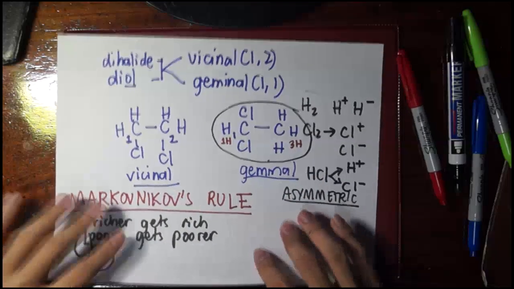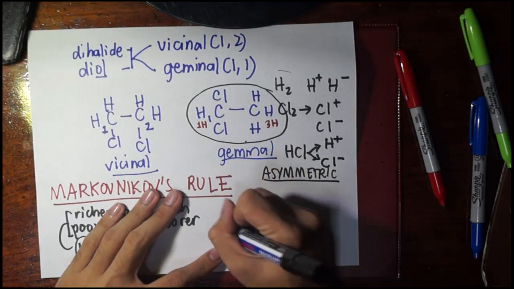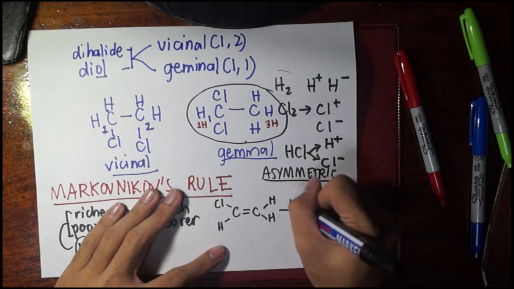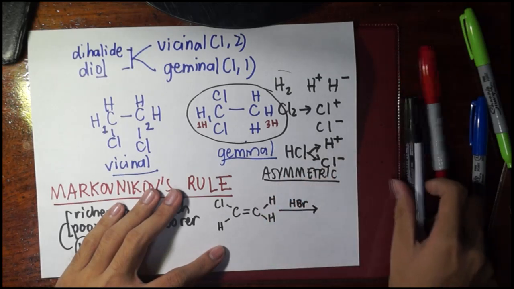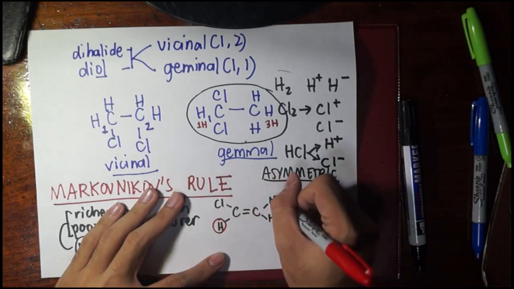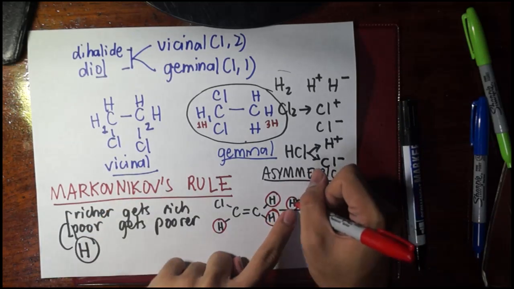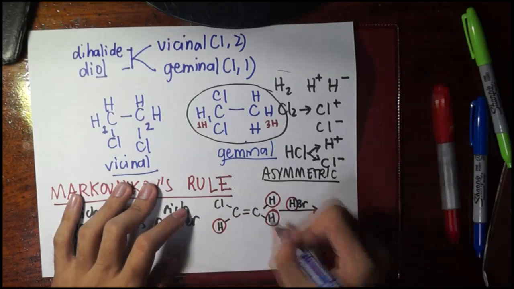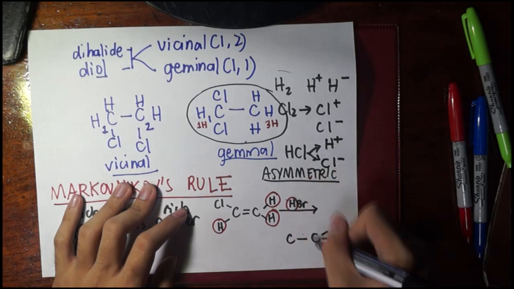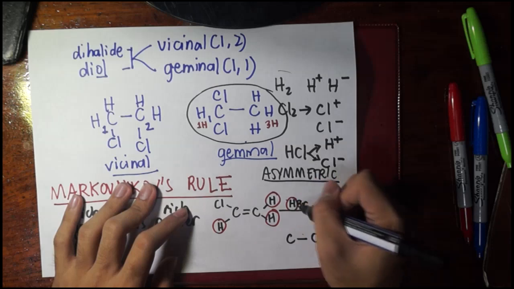Let's have an example. This time, let's use an actual alkene. For example, I have this one. And I add HBr. What happens? Since here, in this carbon, we only have 1, and in here, we have 2, where does H go? It goes where there are more hydrogens. So if we draw it like that, we have both hydrogens. Wherever there is more hydrogen, we put the hydrogen there.